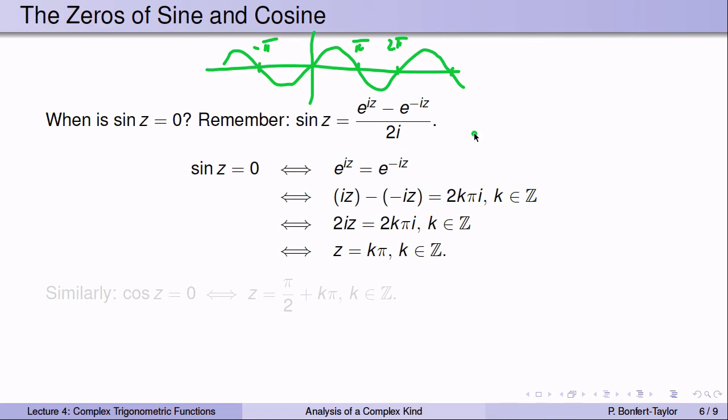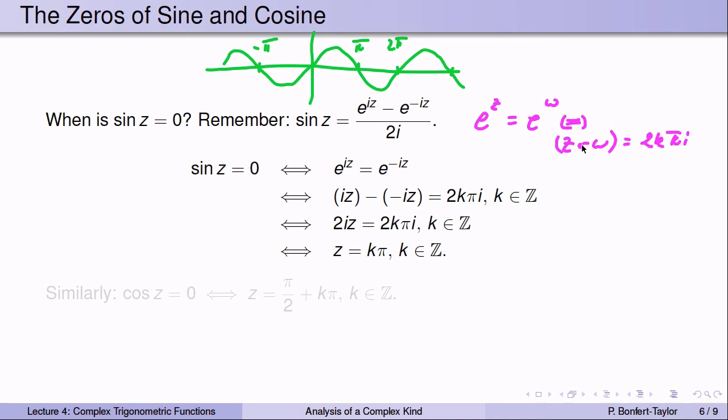If we want that to equal 0, then we need the numerator of this fraction to be equal to 0. So e to the iz needs to equal e to the minus iz. Remember, we proved that e to the z is equal to e to the w if and only if z minus w is a multiple of pi i times 2.